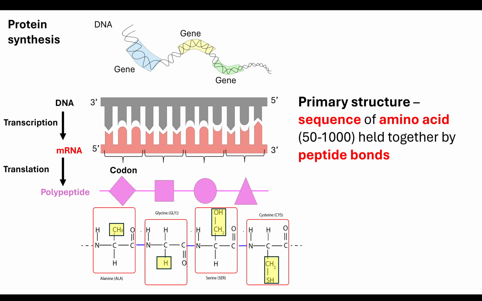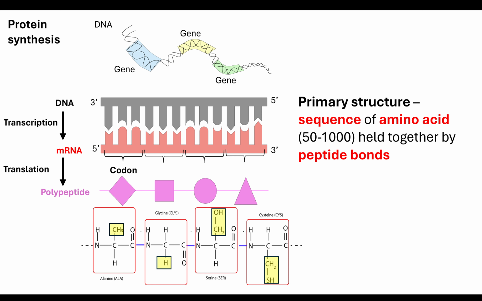Now, the secondary structure is important because it is going to start the shaping of the protein. The key thing to know is that with every single amino acid, remember there are 20 variants. Each of them has an R group. Now, up until this point, in the primary structure, we are only looking at our peptide bonds.